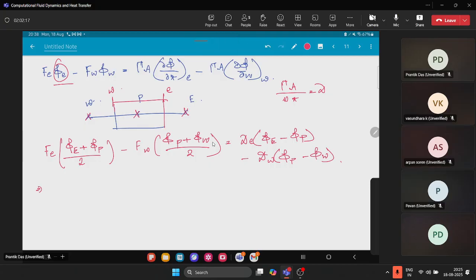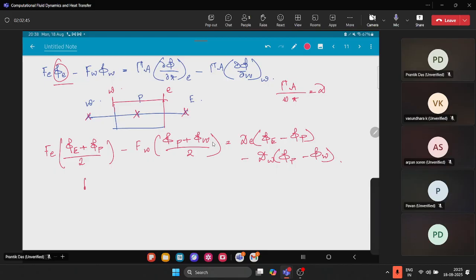So your Fe, or one thing I can do is basically phi P is Fe divided by 2 minus Fw divided by 2, or I can write it like this.